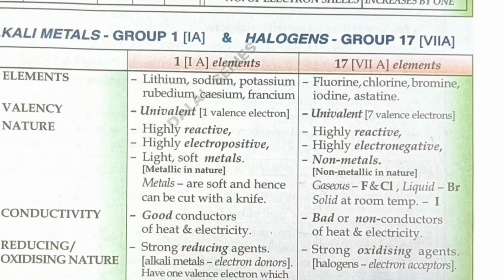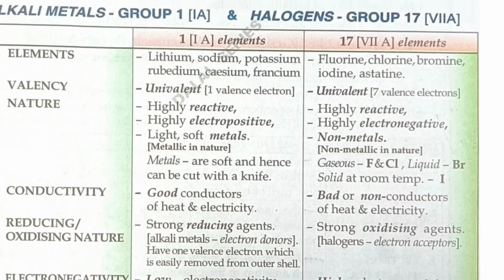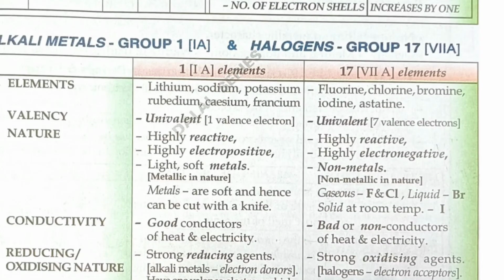Then they told about alkali metals. Lithium, sodium, potassium, rubidium, cesium, francium are known as alkali metals. That is group 1, and also they told about the halogens of group 17. You can remember alkali metals by the phrase Lina ki ruby se friendship.